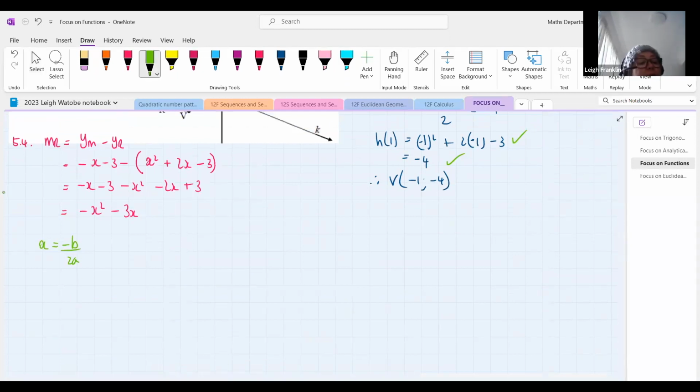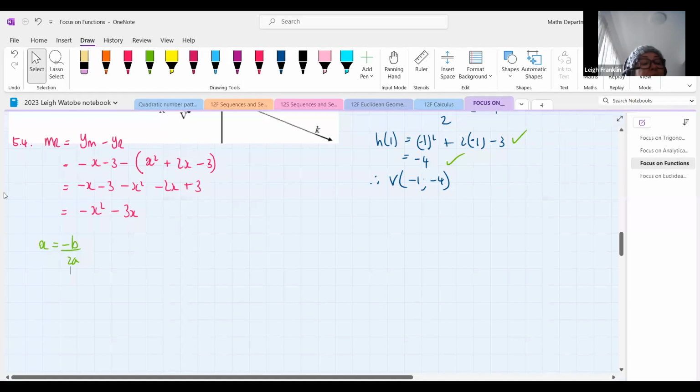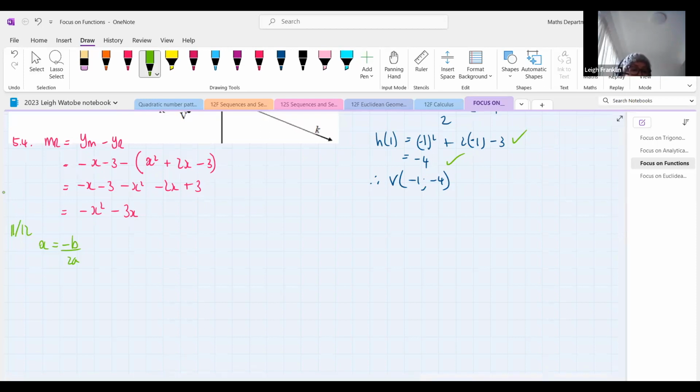This is if you were in grade 11 or in grade 12. So the 11s can do this, the 12s can do this, but the 12s have another option as well, which is to use calculus. So now we sub into x equals negative b over 2a using this information. All right, so negative b would be negative 3 over 2 times a.